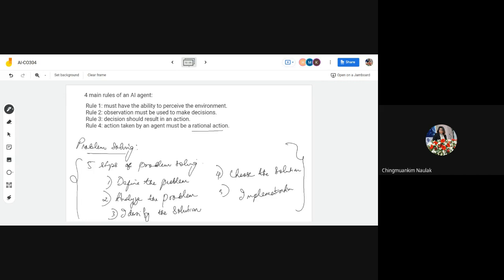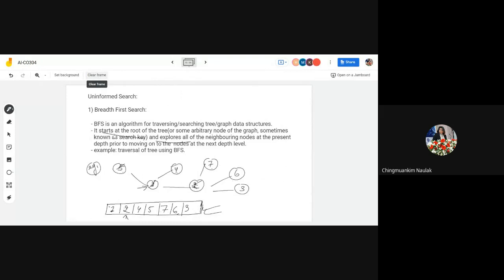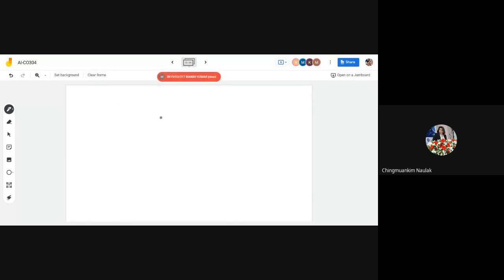After defining the problem, you will analyze it, then identify the solution, then choose the solution, and the fifth thing is you will start implementation. Let me write the pictorial representation of this.